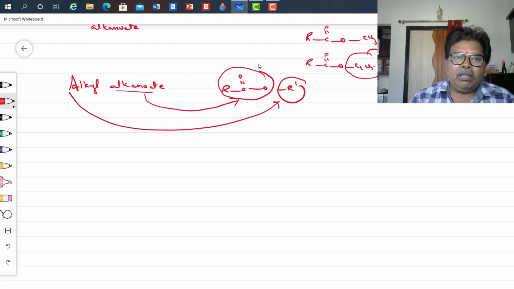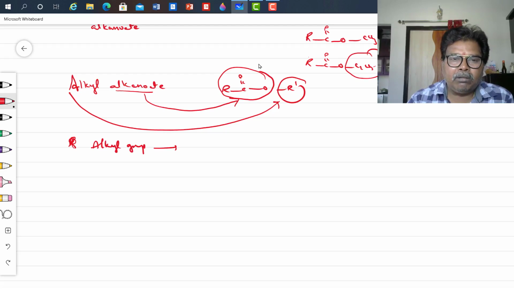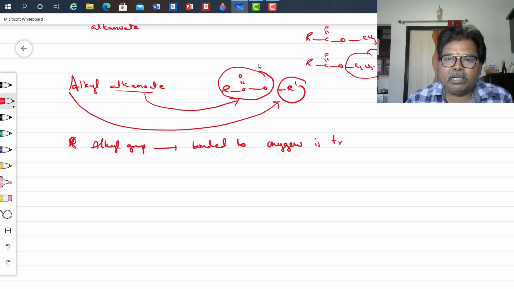So whatever alkyl group is bonded to oxygen is treated as a substituent.